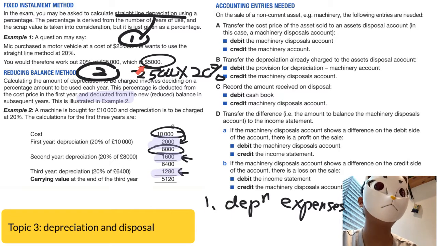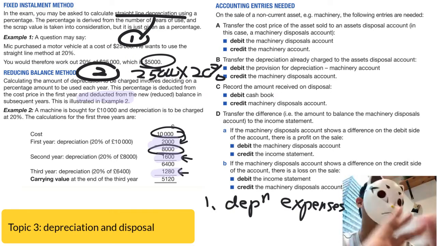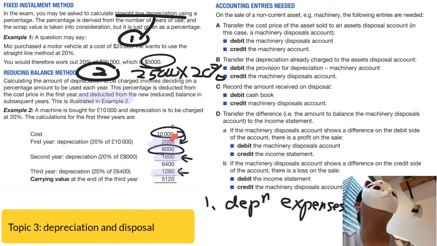But for the straight-line method, the depreciation expenses will remain the same for all the years. So this is the difference between the straight-line method and reducing balance. For the straight-line method, constant depreciation expenses. But for reducing balance, the depreciation expenses would decrease every year. So bear in mind.